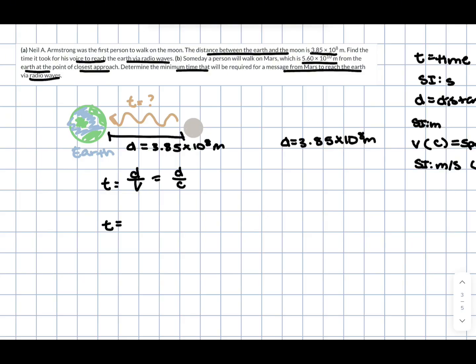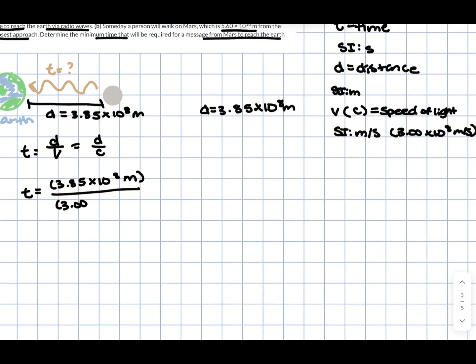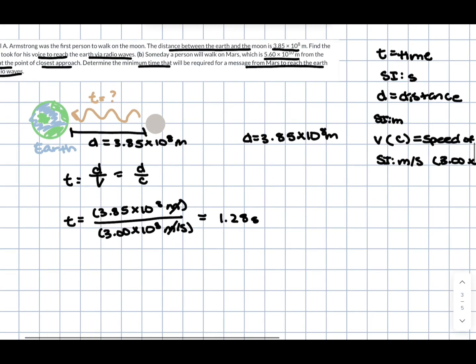Okay, so the time equals our distance, 3.85 times 10 to the 8th meters, over our c, which is a constant, 3.00 times 10 to the 8th meters per second. And once we plug that into the calculator, meters cancel out, and we're left with 1.285 seconds. Sorry, 1.28 seconds. Okay, and then that's the first part.